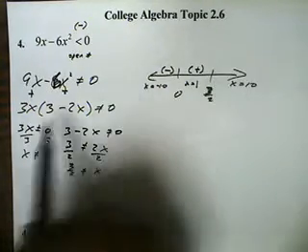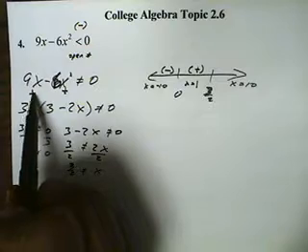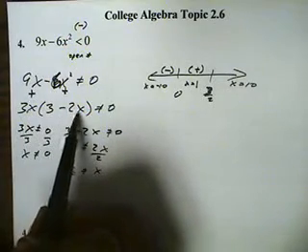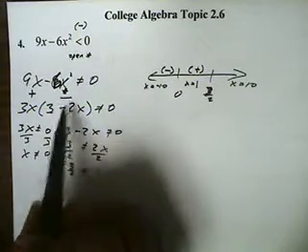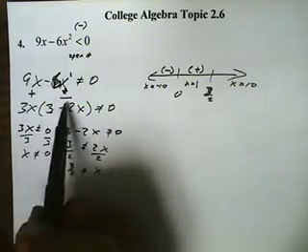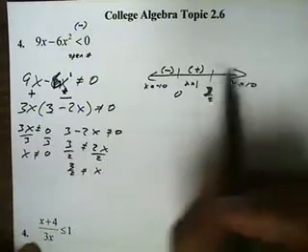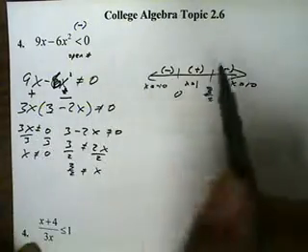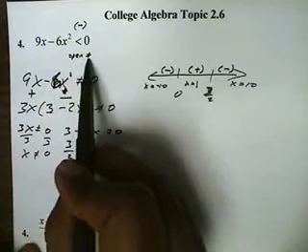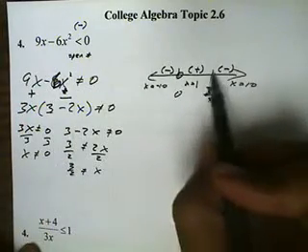Now let's use 10. 3 times 10 is positive. Negative 2 times 10 is negative 20, and a negative 20 with a 3 will be negative. So we have a positive and a negative multiplying, so this whole entire area will be negative. Now remember, everything's open, so this will be open here and open there.